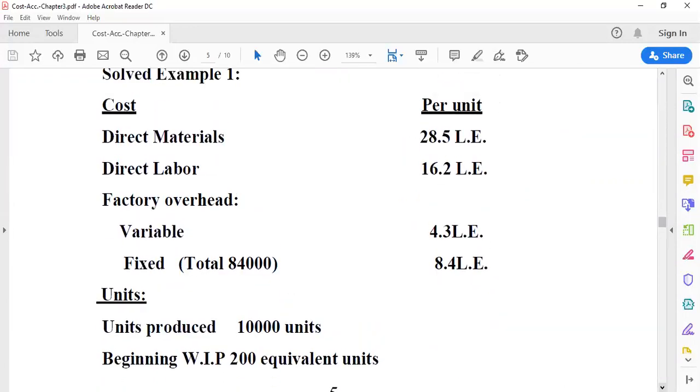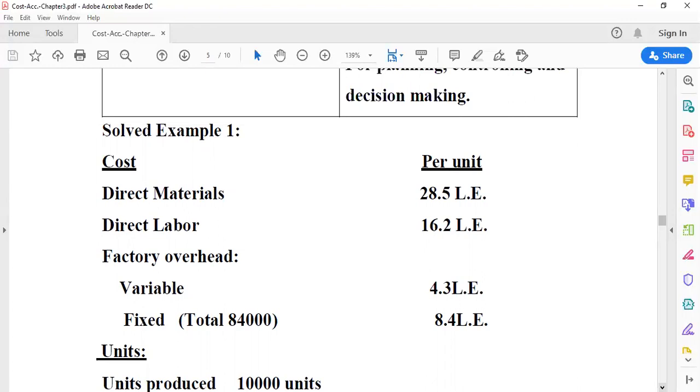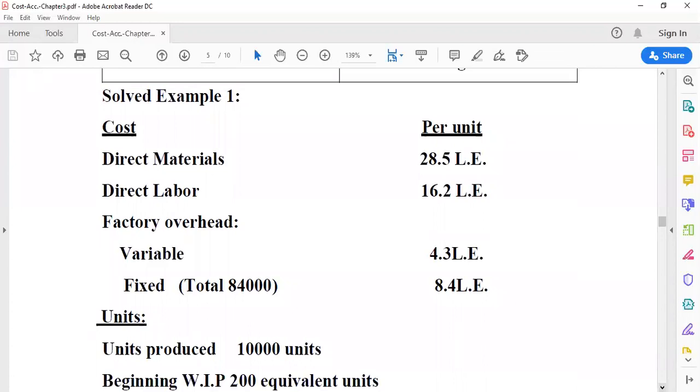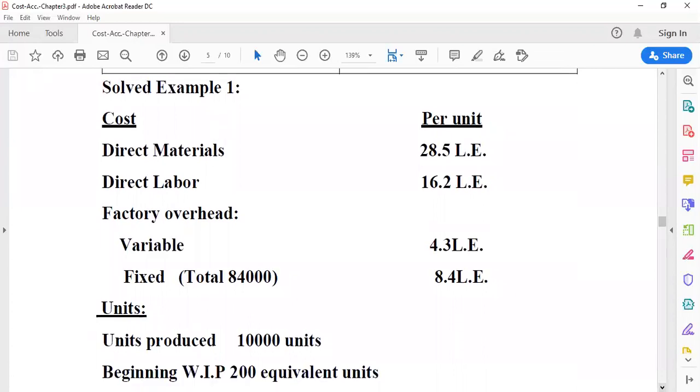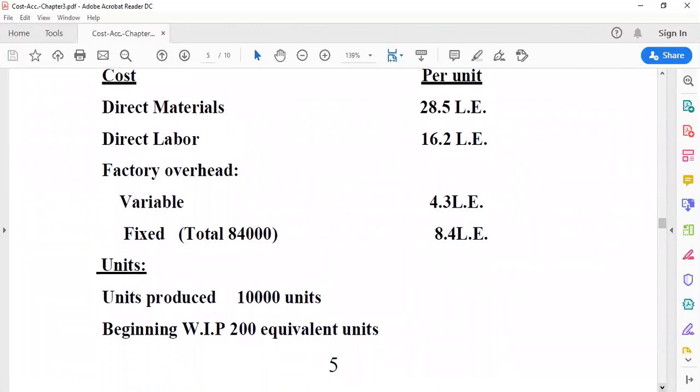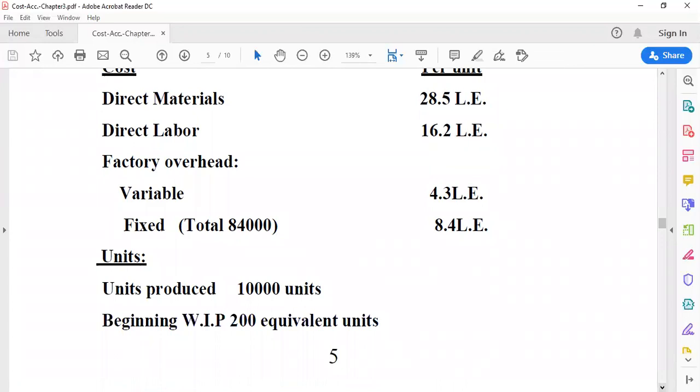If you remember, this is our solved example from the last meeting. We had direct materials 28.5, direct labor 16.2, factory overhead variable and fixed amounts 4.3 and 8.4.